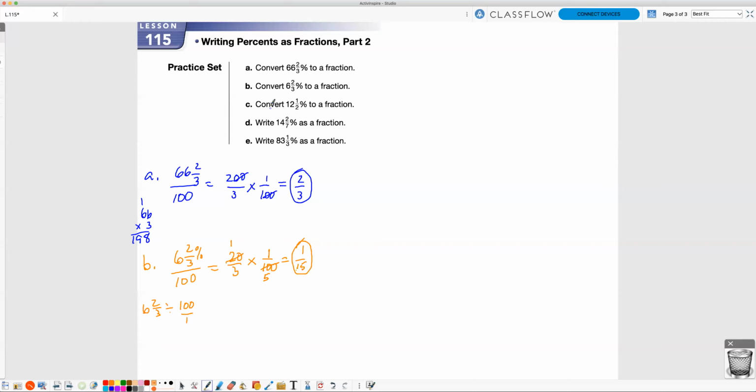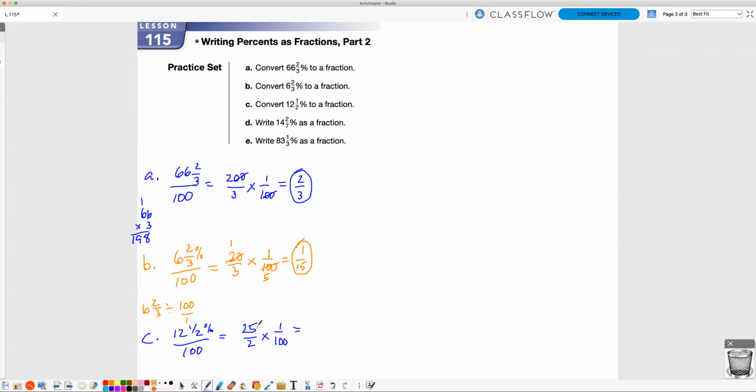All right, let's do letter C. Convert 12.5% to a fraction. So for letter C, it's again 12.5%, and it's going to be divided by 100, which would be the same as 25 over 2 as the numerator. 25 over 2 times the reciprocal of 100 over 1, which is 1 over 100.